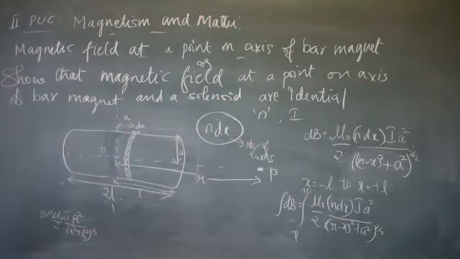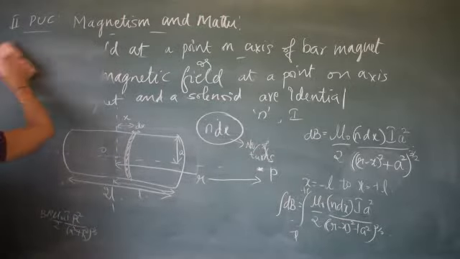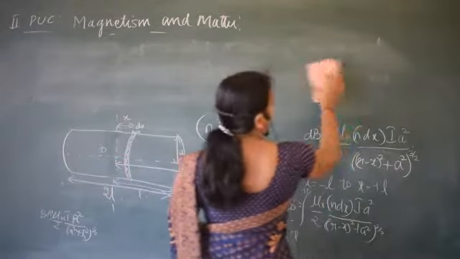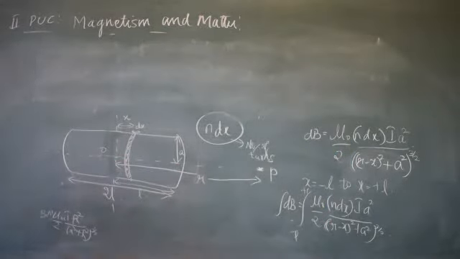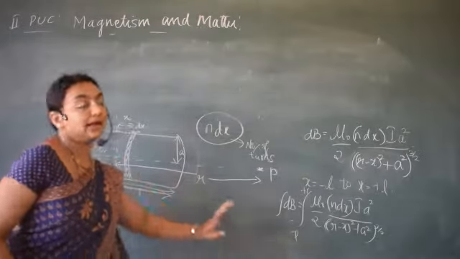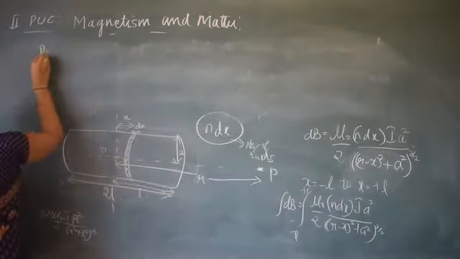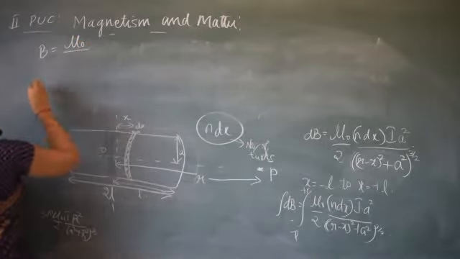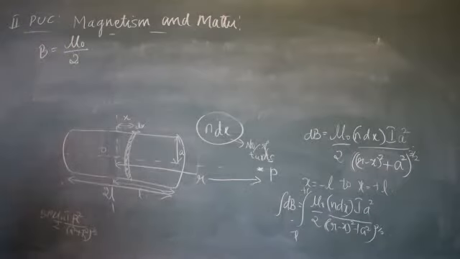Correct? So integration of dB is B, and B is equal to mu naught by 2, which is constant.